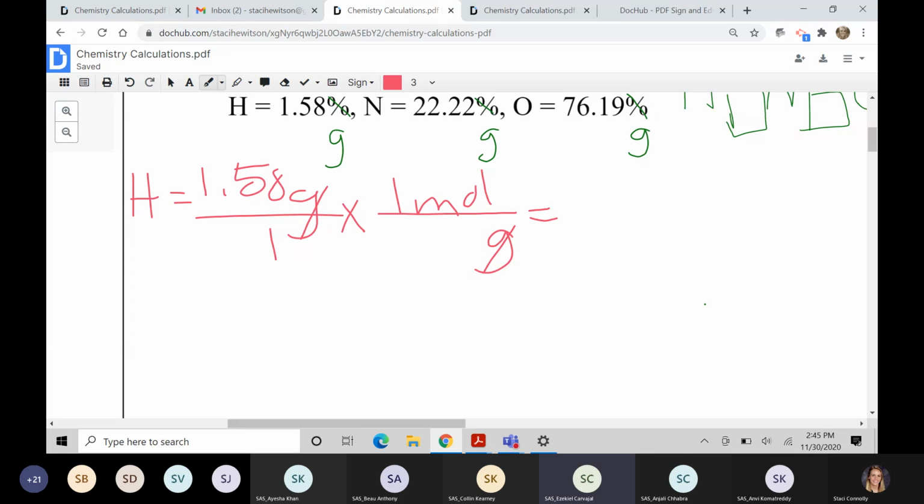Yes. All right, what is the molar mass of hydrogen on the periodic table? It's 1.008. Perfect. All right, Zeke. And if I put 1.008 there, let's go ahead and divide 1.58 divided by 1.008.